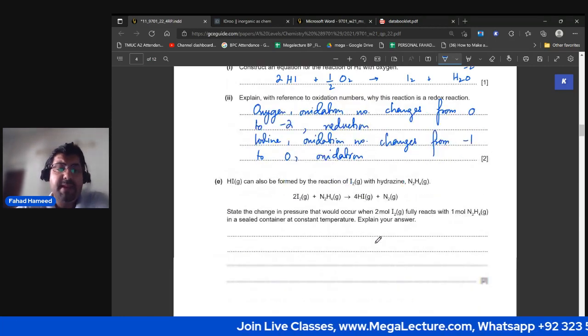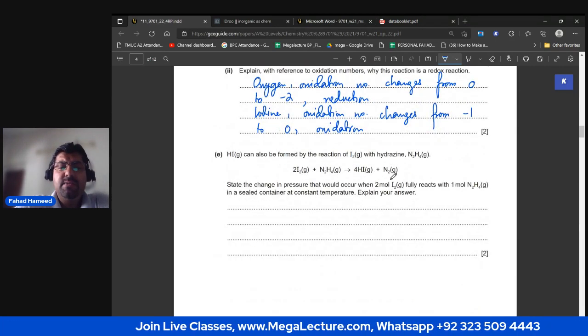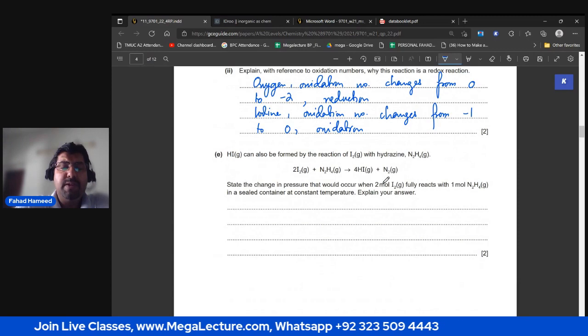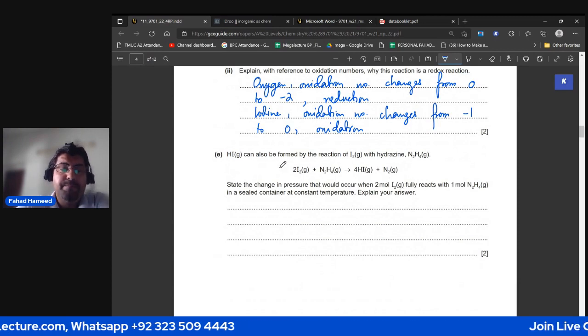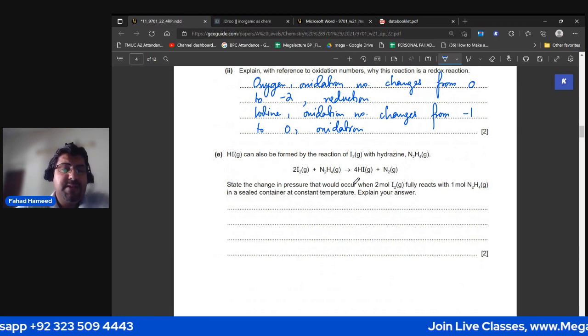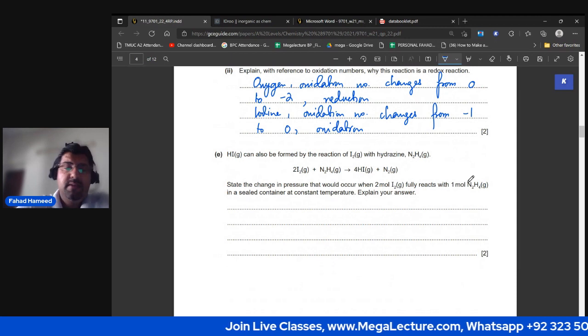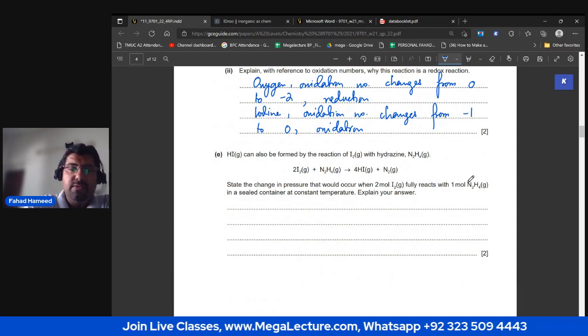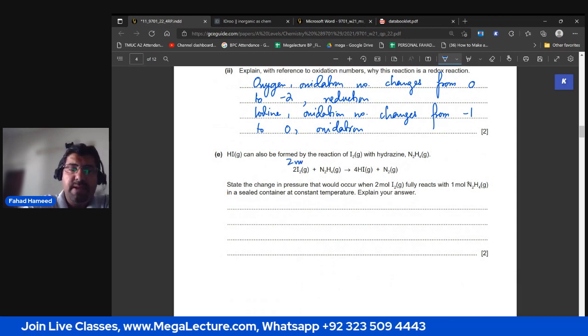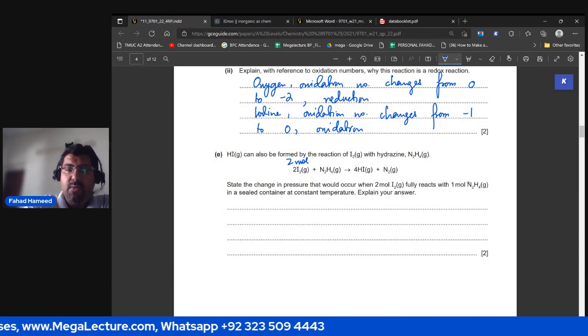Both things are happening. State the change in pressure that would occur when 2 moles of iodine fully react with 1 mole of N2H4 in a sealed container at constant temperature. Explain your answer. So 2 moles of iodine fully react with 1 mole of N2H4.